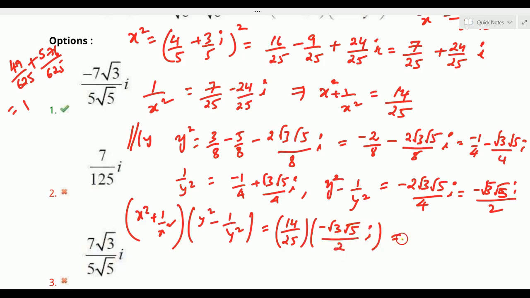Okay now, 2 cancels with the minus sign, 2 cancels in 7 times 7, and 5 and root 5 cancel. 25 is 5 root 5 times, and this is minus 7 root 3 by 5 root 5 into i. ఇది మనకు వచ్చిన result.